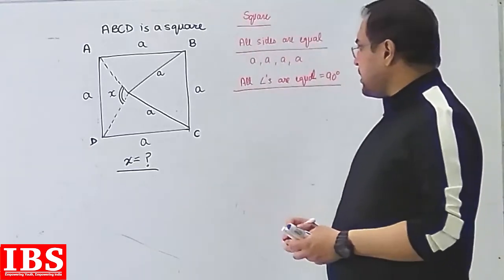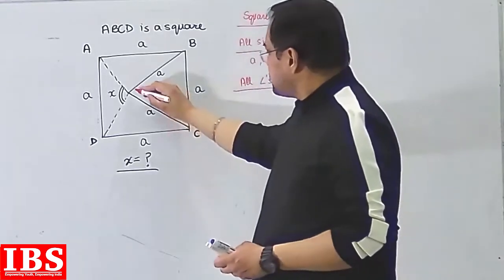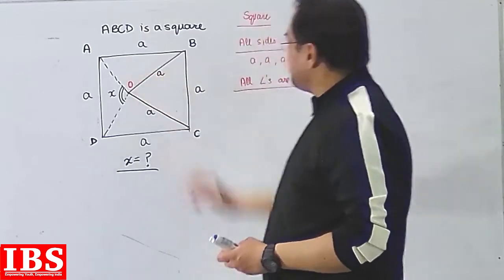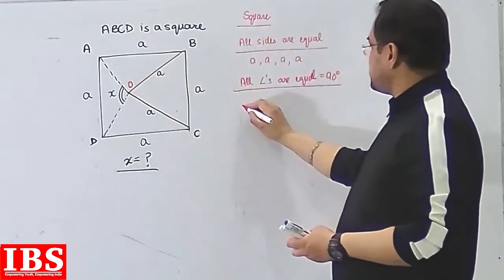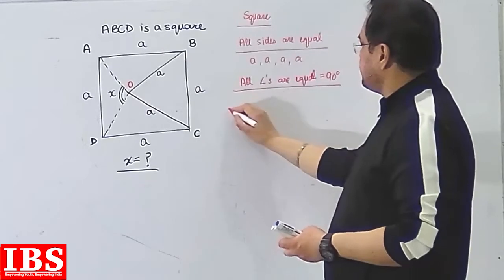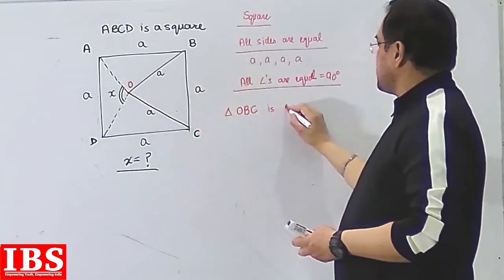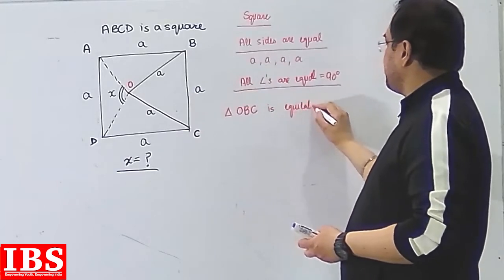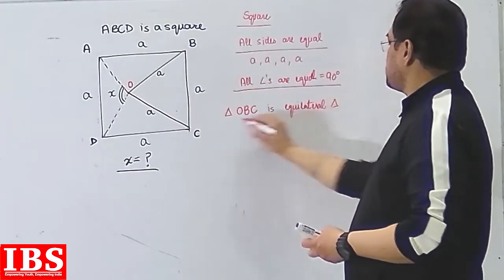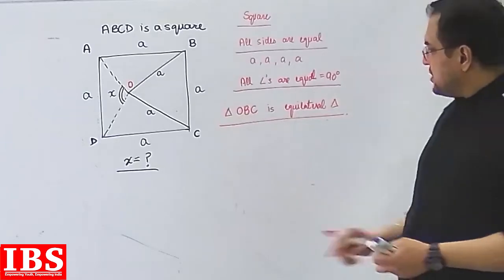All right, and if we take this to be point O, this triangle OBC is an equilateral triangle. Equilateral triangle means in which all the sides are equal.